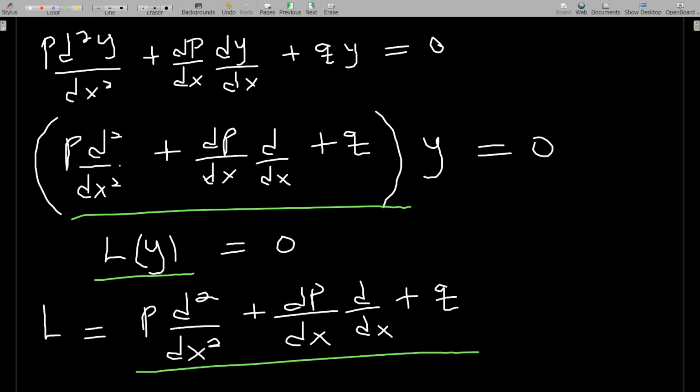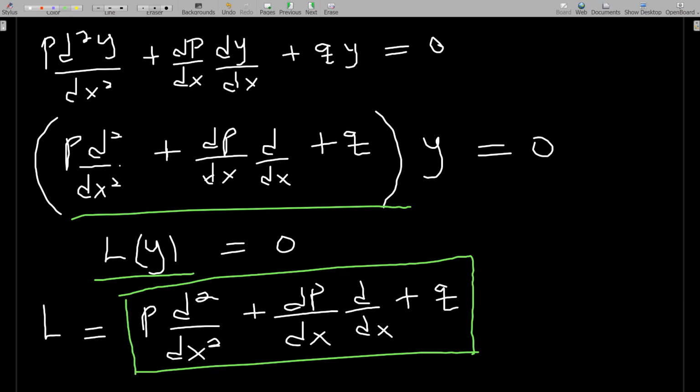And the important thing we should always remember in Green's function is that we should always know the operator. This is a linear operator, so we call this the operator L, and this is the general operator for a second order BVP. So this is how it looks.